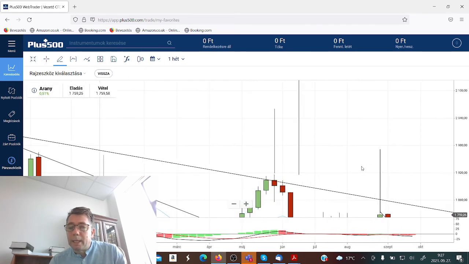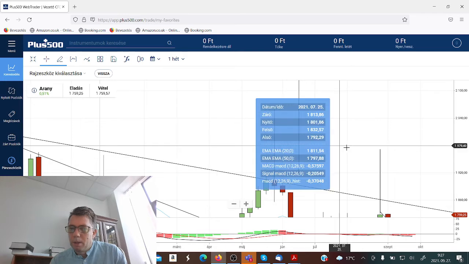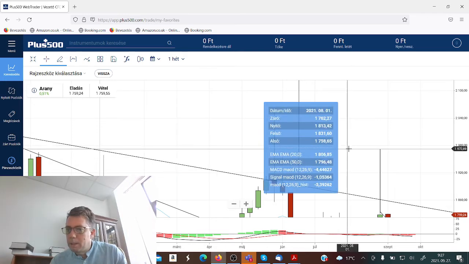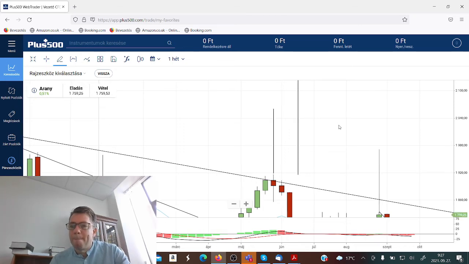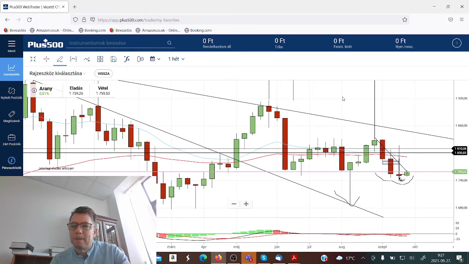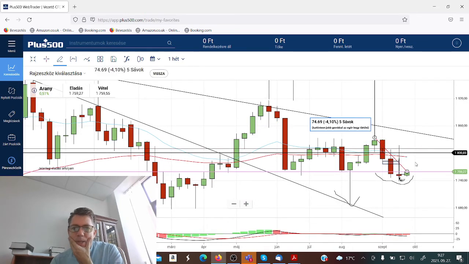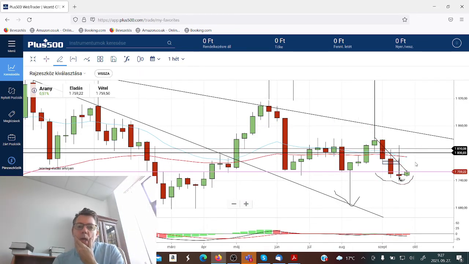On the weekly, this could be a longer term price target, if it plays out. 1970. So on the weekly, I see a possible 1970 price target. Okay, let's look at it again. Yeah, that's it. Good.